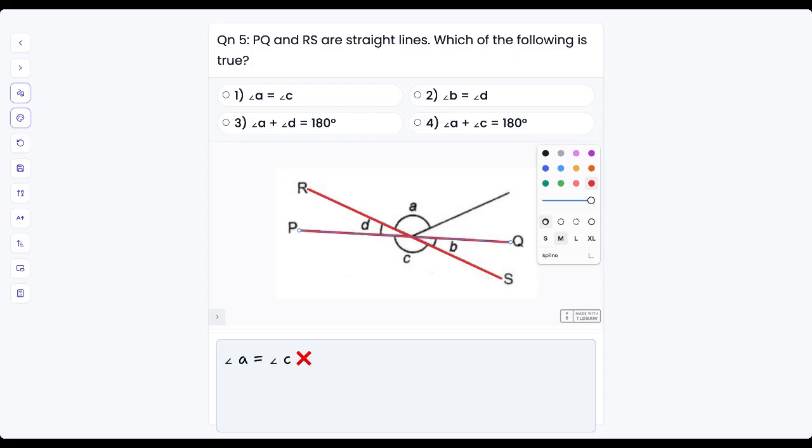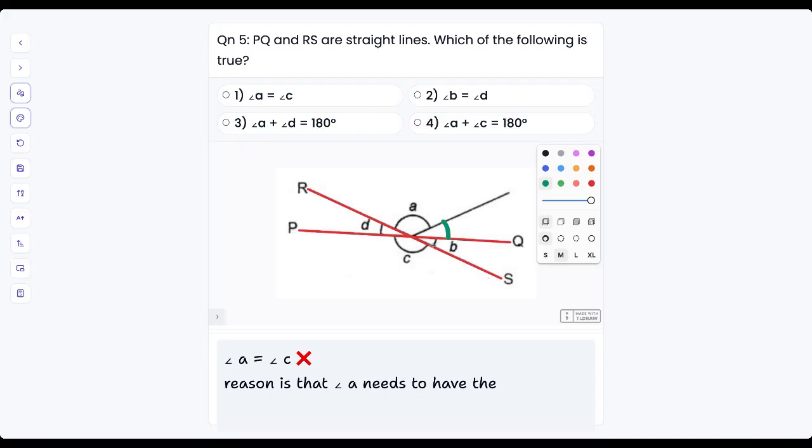Why? The reason is that for angle A, let me add another one. Let's use the green color angle.